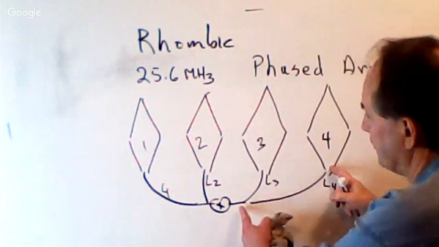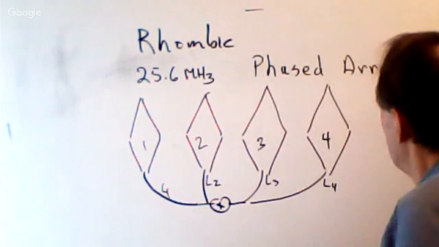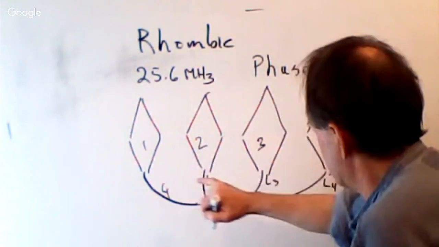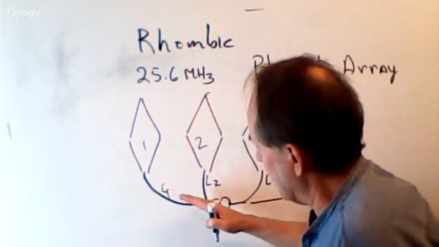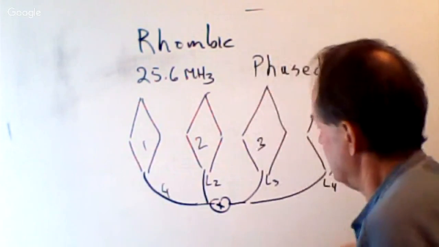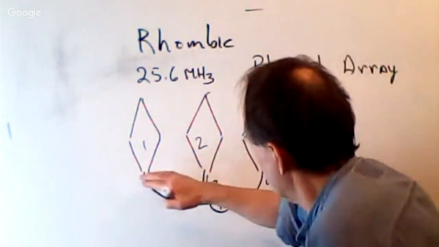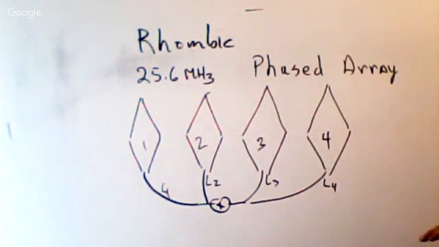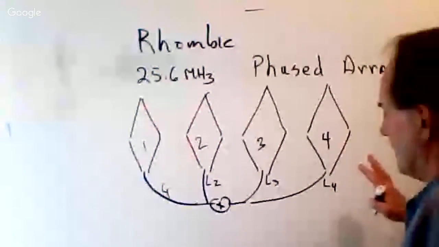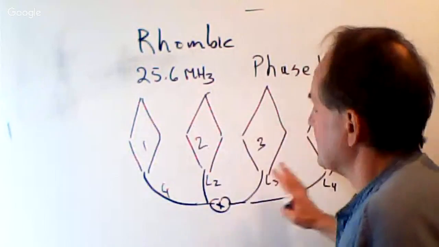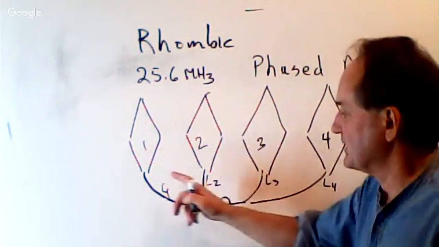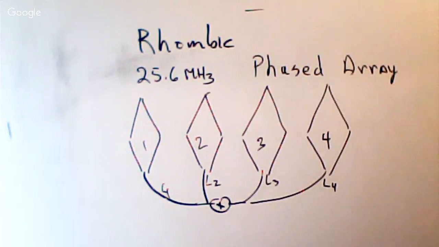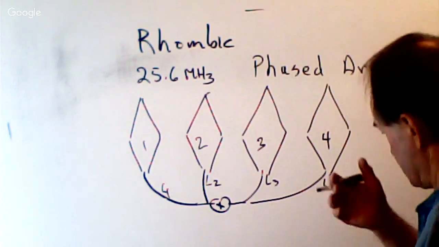They're just appropriate lengths of transmission line, because the phasing changes according to the length of the line and the propagation velocity as to when the signals arrive at each one of these antennas. So this ends up being very nice when you are using a fixed frequency, because you don't have to adjust these because everything remains fixed for the 25.6 megahertz.